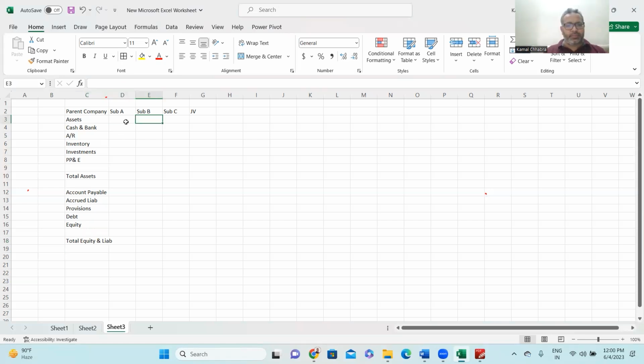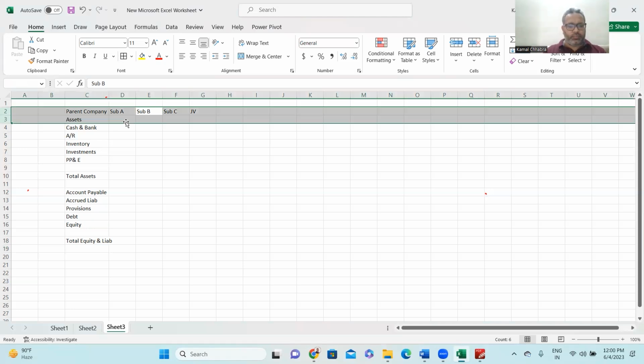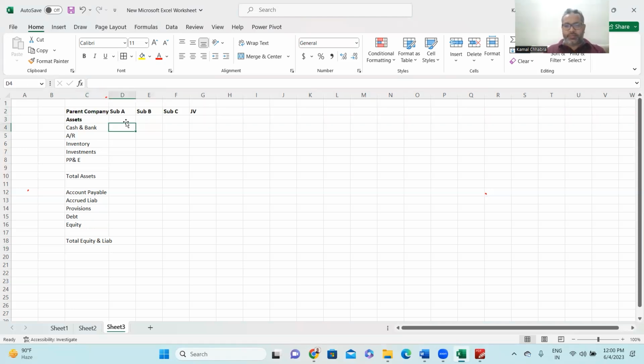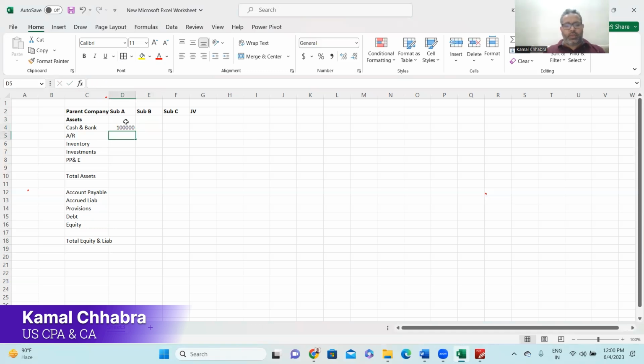So for example, they have, let's say, $100,000, and this subsidiary B, let's assume this is India, this is, let's say, Russia, and this is, let's say, Taiwan.